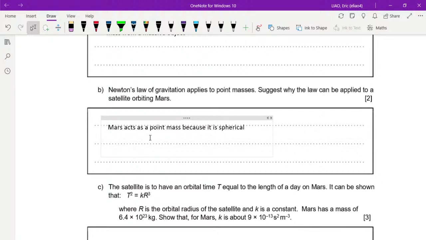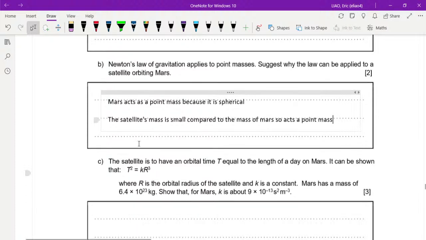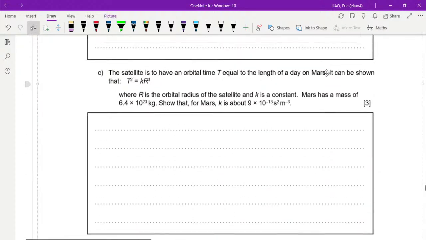And then I'll put a dot point to make it more clear to the examiner. Show that for Mars, K is a... we'll just write this, I guess.